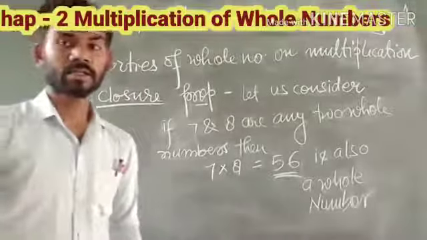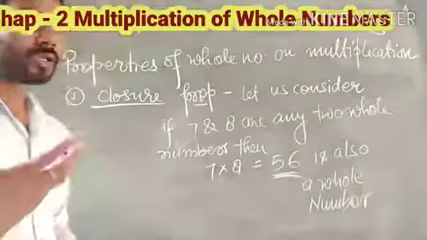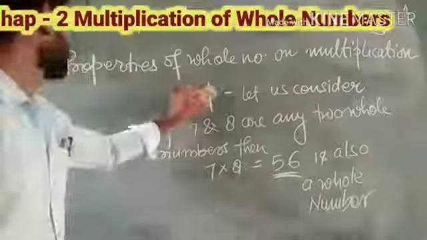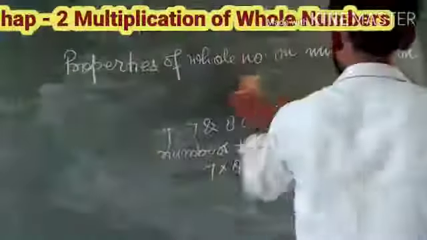Now let us see the next, that is the commutative property.